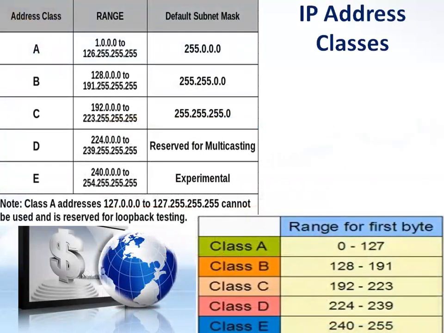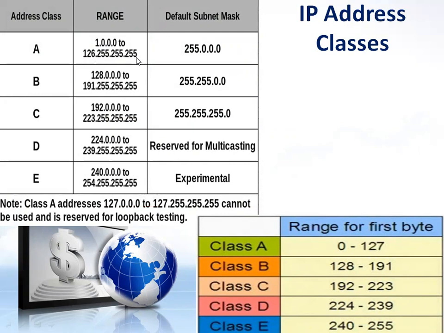IP address classes. Dear students, IP addresses are classified in classes. We have three main classes, but two more are under process. First of all, we have class A, and in class A the range is 1.0.0.0 to 126.255.255.255.